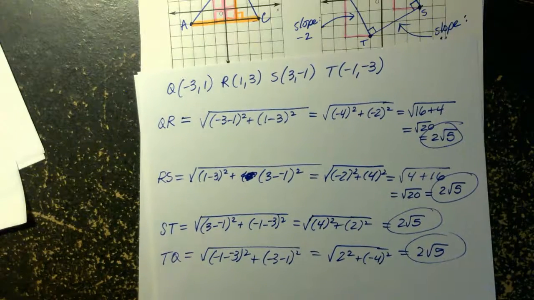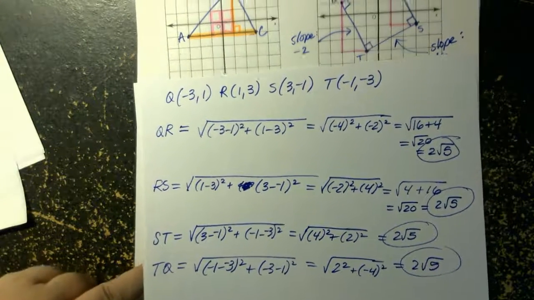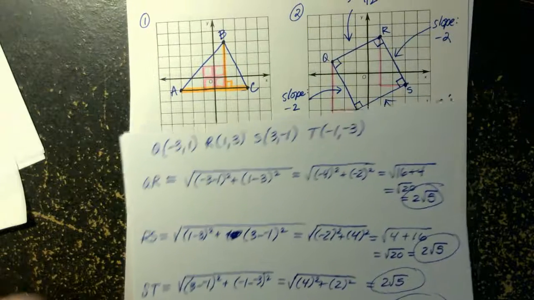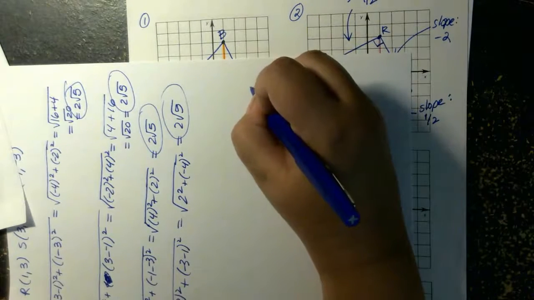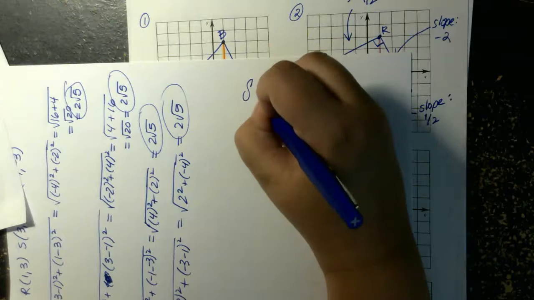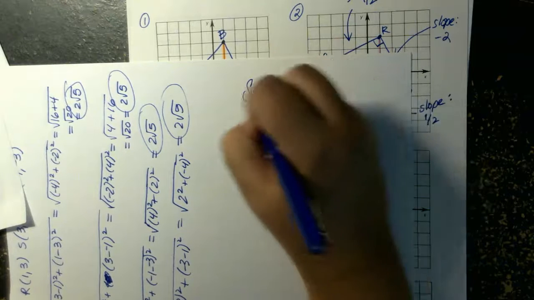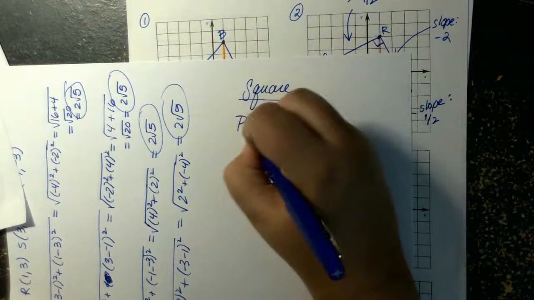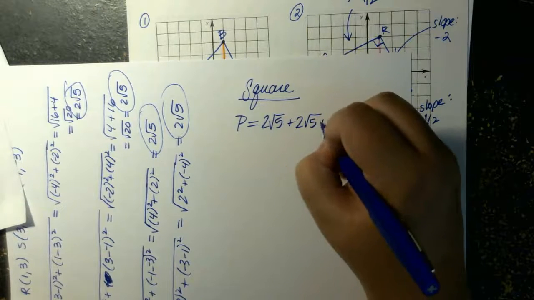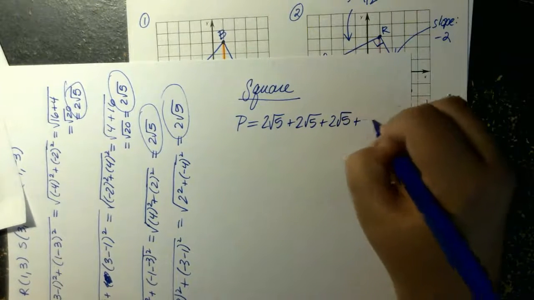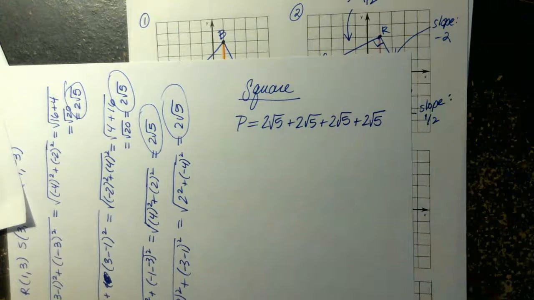So I'm ready to find my area and perimeter. Okay? It's a square. Perimeter of the square means add up all the sides. So I've got 2√5 4 times. These are like terms. Remember that talk we just had about combining like terms?